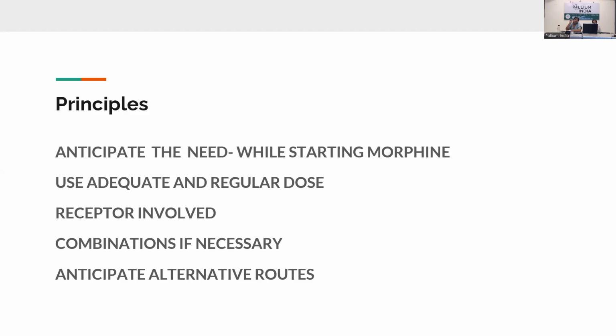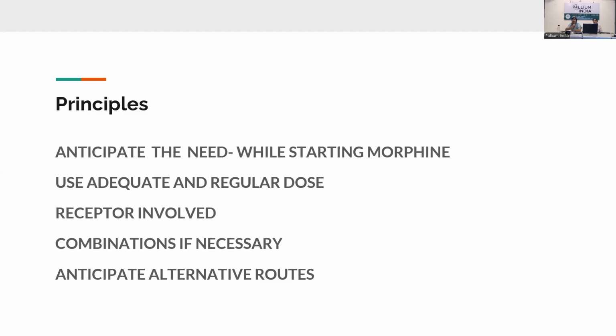You know that morphine causes constipation and you write bisacodyl, a stimulant laxative, along with morphine. Along with that, you have to start antiemetics also. Prophylactically, you have to tell the patient, I'm going to start morphine and you can get vomiting when you start morphine. So prophylactically to avoid that, we can give an antiemetic for a few days, like 3 or 4 days.